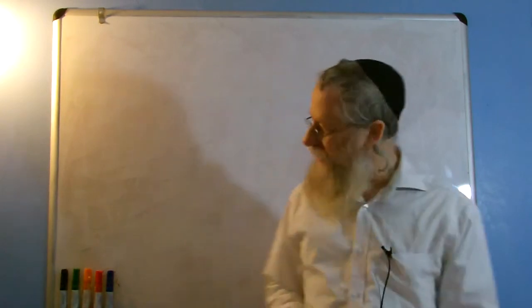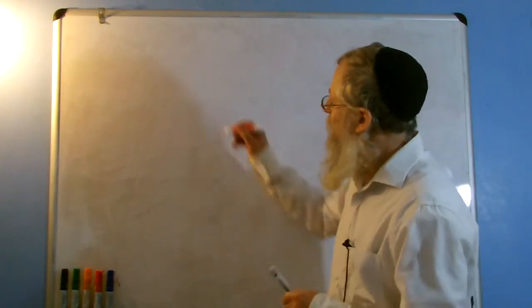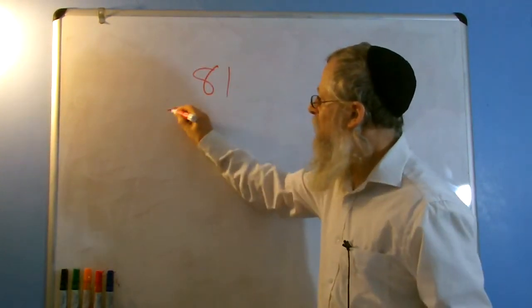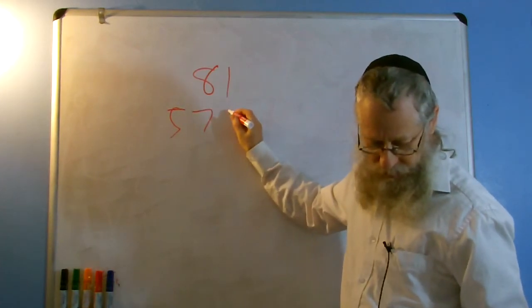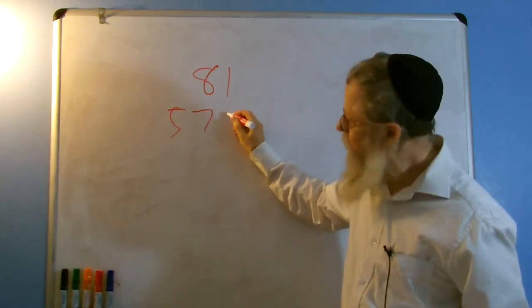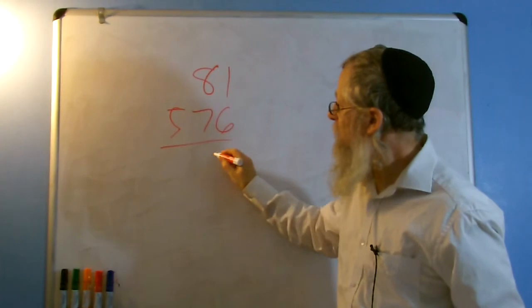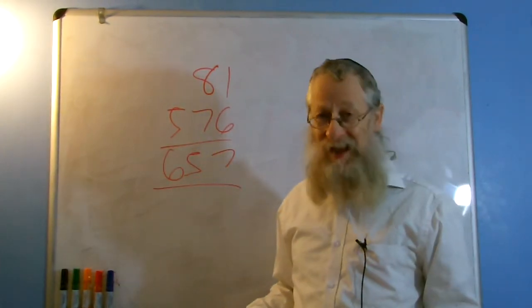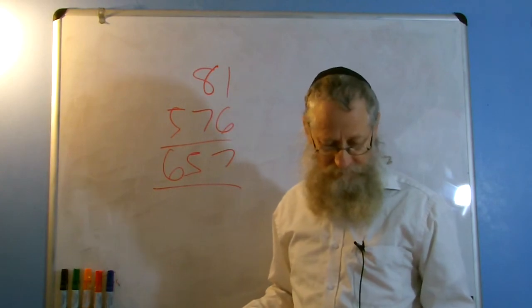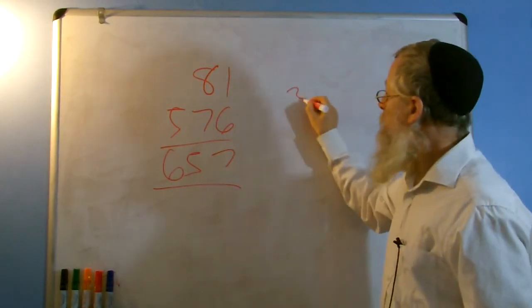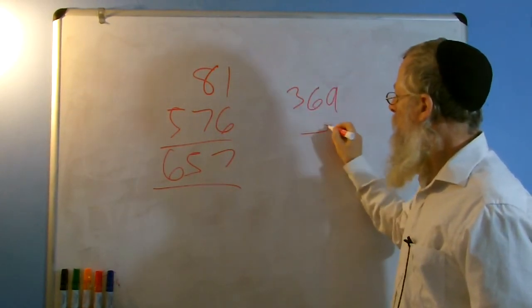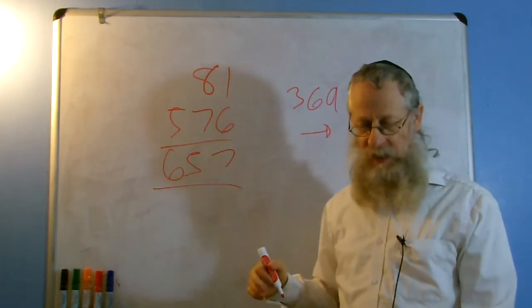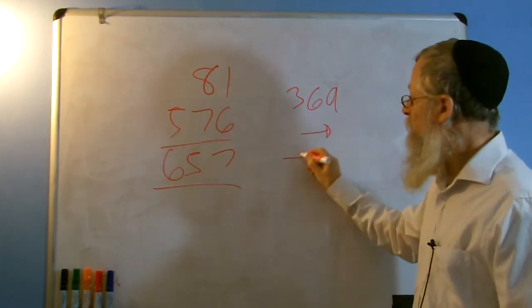So if I add these two numbers together, I've got 81 and I've got 576. Add those together, I get 657. If I take 369 and I work out what that is as a word, in words, 300 and 69.